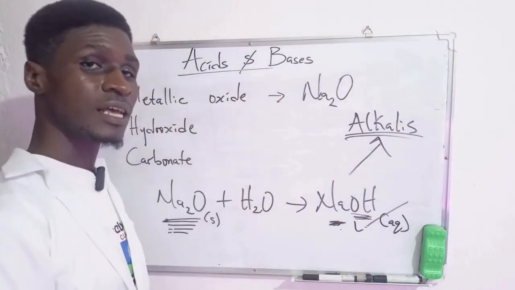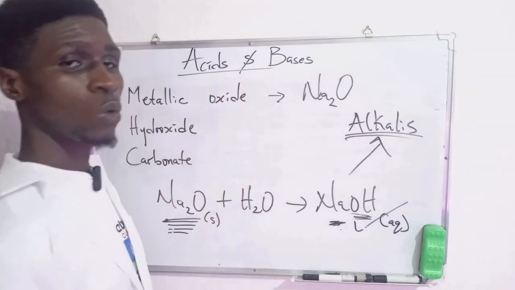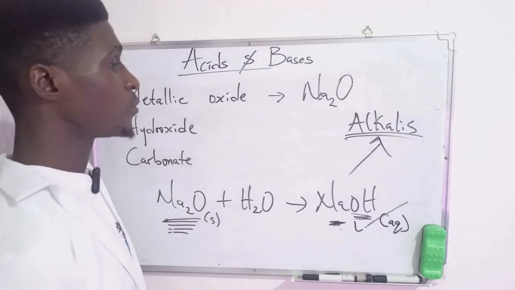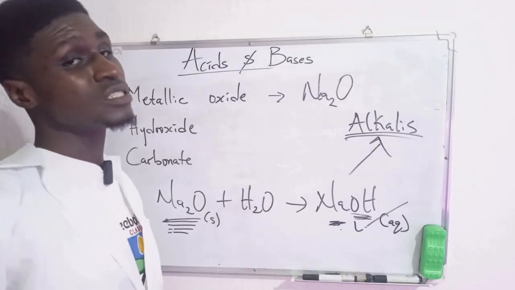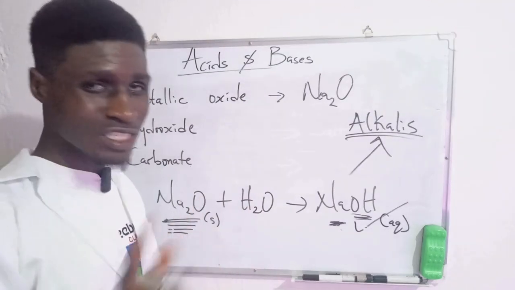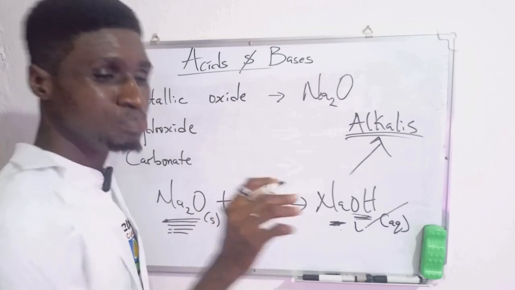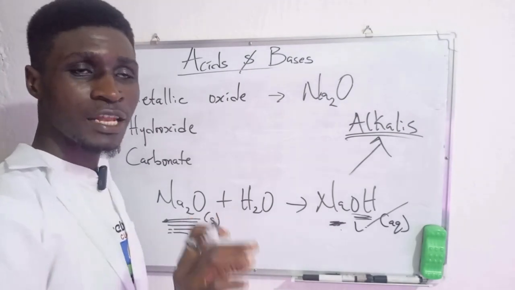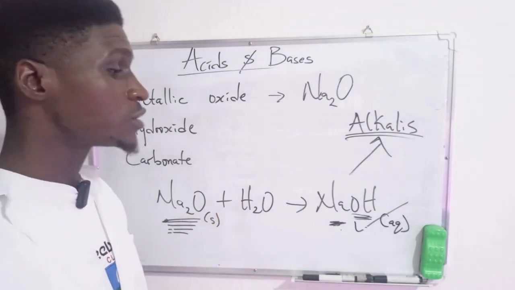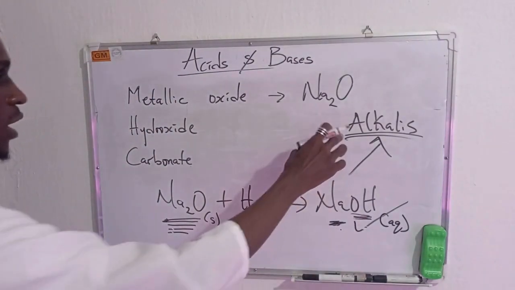First, it is a base, and then it is an alkali because it was able to dissolve in water. Any other substance that has not been dissolved in water to form hydroxyl ion or cannot even dissolve in water is just a base, but not an alkali. Until they are able to dissolve in water, then you can call them alkalis.